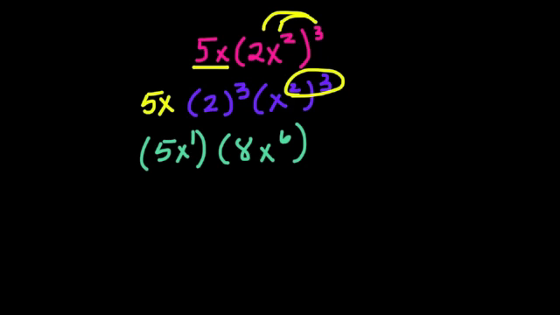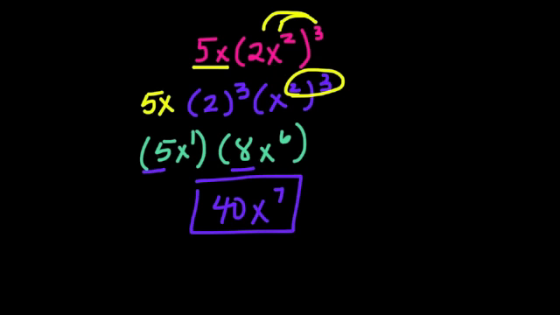So this is back to just combining as we can by adding our exponents together. We're still going to multiply our numbers. 5 times 8 would give me 40. And then here we add our exponents again. So x to the 1st times x to the 6th gives me a total of 7 x's altogether. So 40 x to the 7th would be the final answer here.